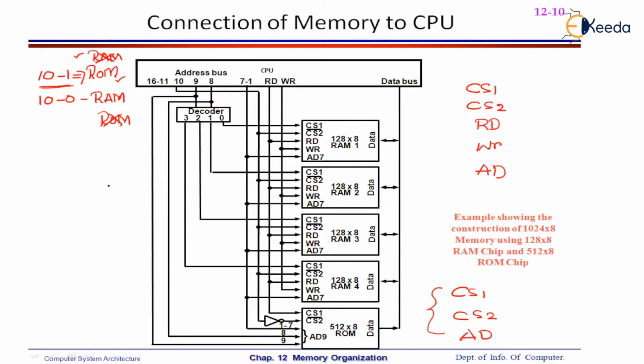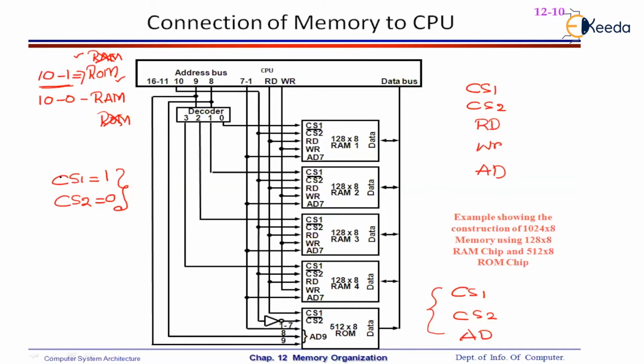Right? Now, the selection technique, the logic for the selection, is CS1 should be equal to 1 and CS2 should be equal to 0. This is the selection logic.